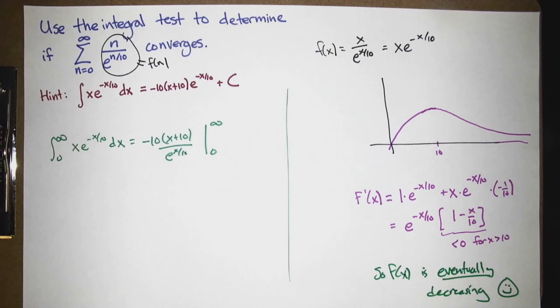So if I plug in infinity into x plus 10 over e to the x over 10, what happens? Upstairs you get big. Downstairs you get big. What can we do?